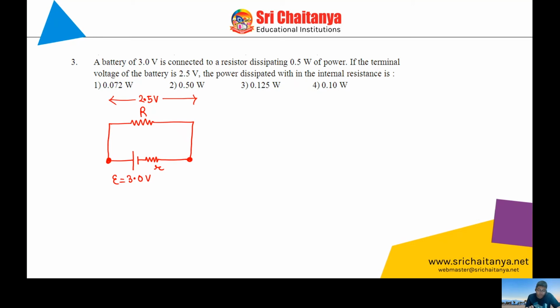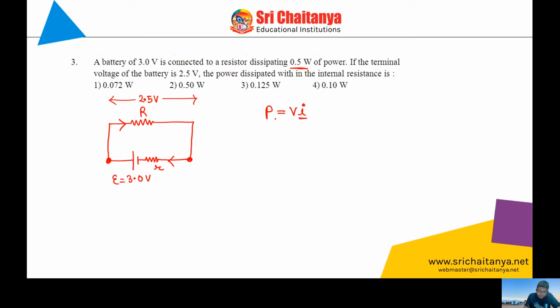Okay, and since it is given to us that the power dissipated across the resistor is 0.5 watt, we are required to find out the power dissipated in the internal resistance, and you need to realize that the current passing through both the resistors are same, and we can use the formula for the power dissipated here as P is equal to VI.